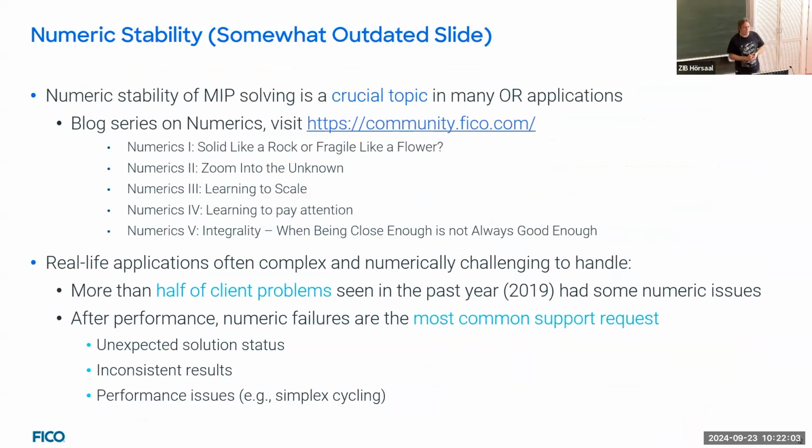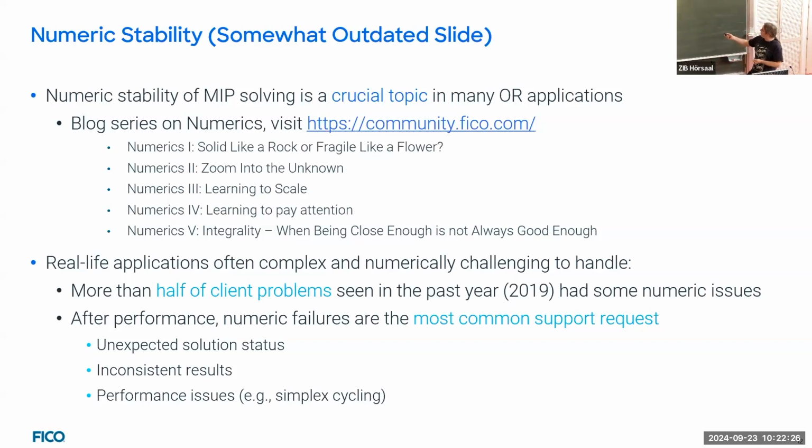And real-life applications are often very complex, very numerically challenging, much more than your typical MIP model, for example. So like 5 years ago, in my job as a FICO Xpress developer, numerical issues were a common problem clients contacted us about.